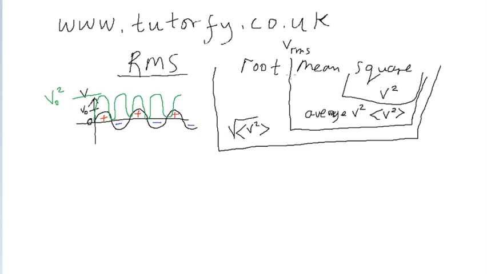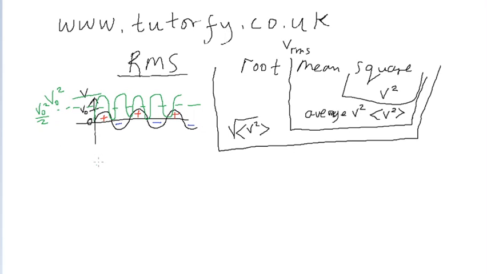Now, if I were to ask you, what's the average of this V squared graph that I've just drawn? I hope you'll agree with me that the average is simply halfway here, right? It should be intuitive that the average is just V naught squared over 2, because the graph spends as much time above the halfway point as it does below the halfway point, and it's nice and symmetric.